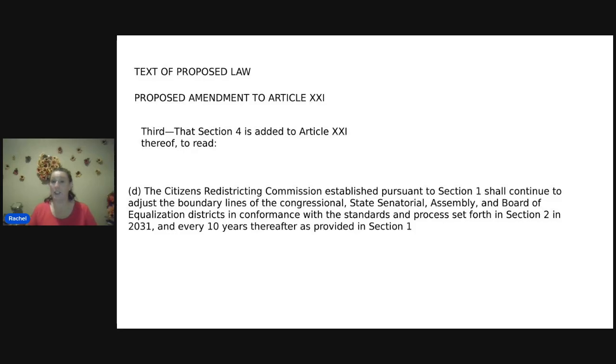And so it's just saying I guess it looks like they'll continue doing everything after 2031 and every 10 years, because that's when redistricting is normally done.